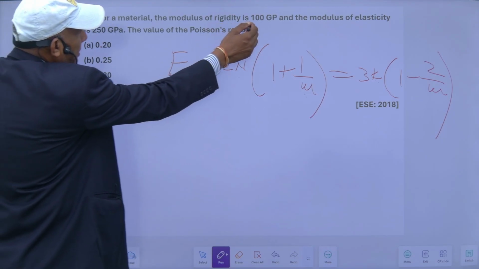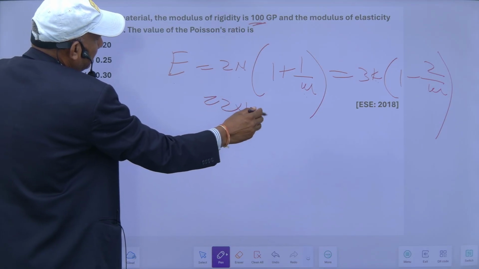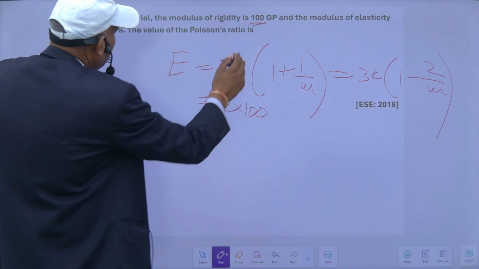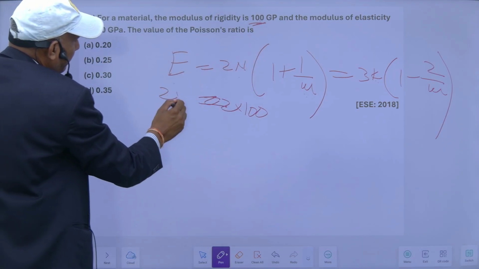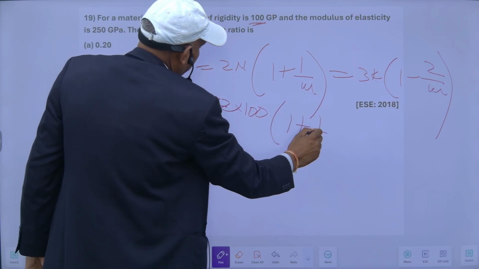So modulus of rigidity, this n, means this one. So 2 into 100 is equal to the modulus of elasticity 250, and this is the Poisson ratio.